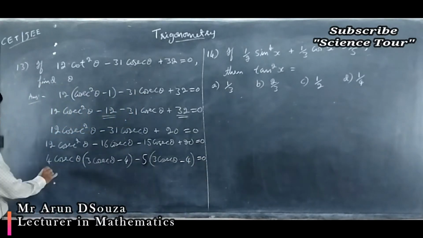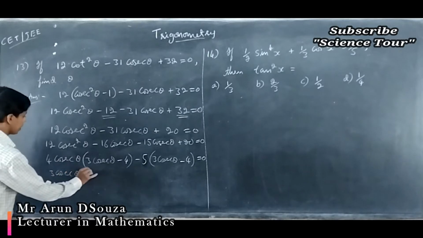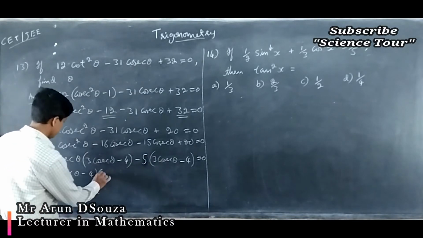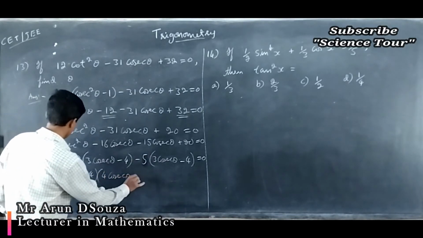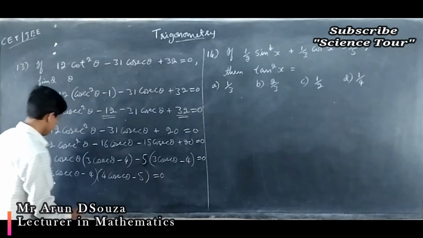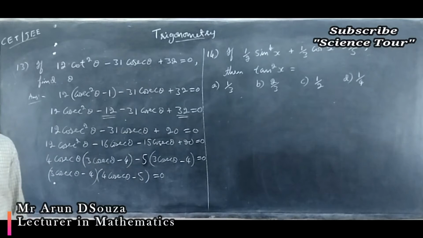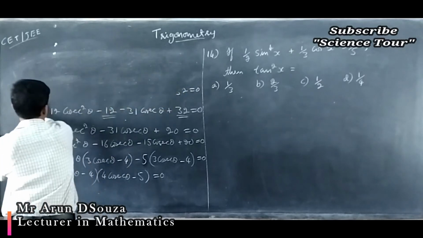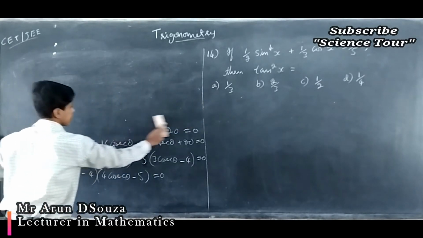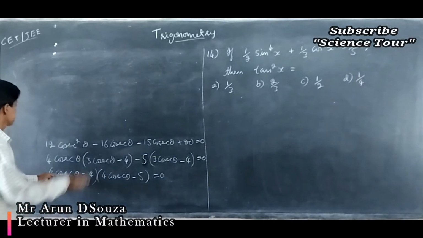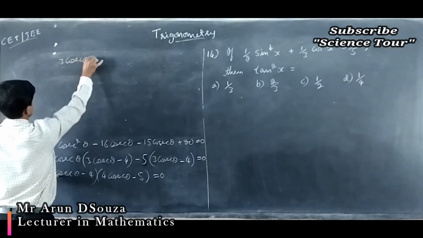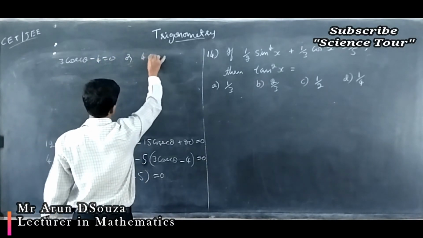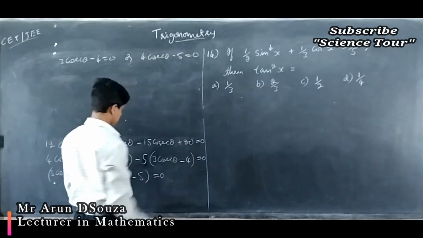So now take 3 cosec theta minus 4 common. So you have 4 cosec theta minus 5, that is equal to 0. So either the first factor is 0 or the second. So 3 cosec theta minus 4 is equal to 0, or 4 cosec theta minus 5 will be equal to 0.